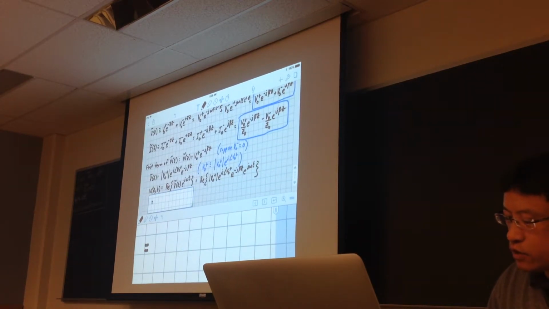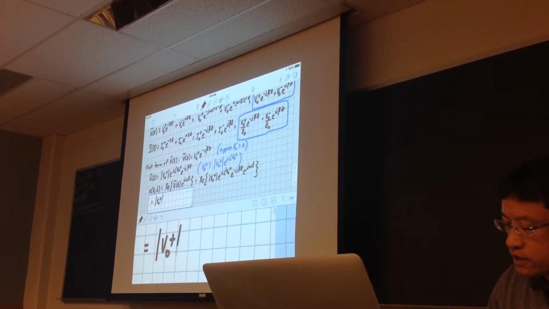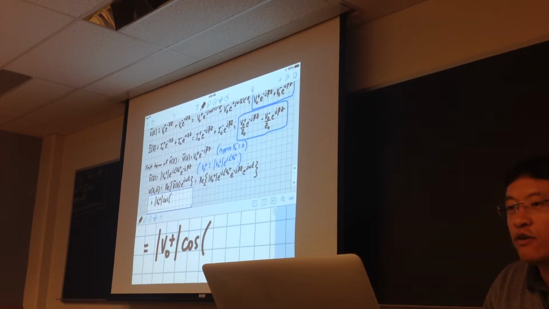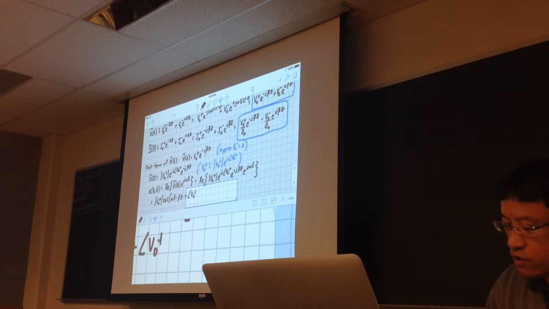Okay, so the real part of that is the magnitude of V0 plus times the cosine of omega t minus beta z plus this phase angle of V0 plus.